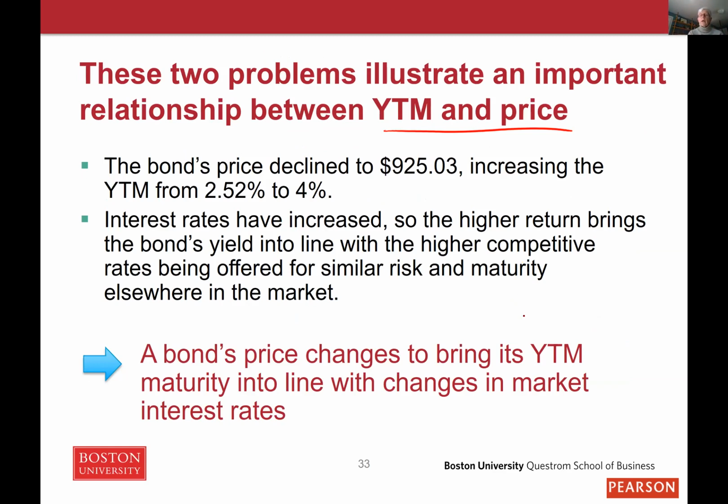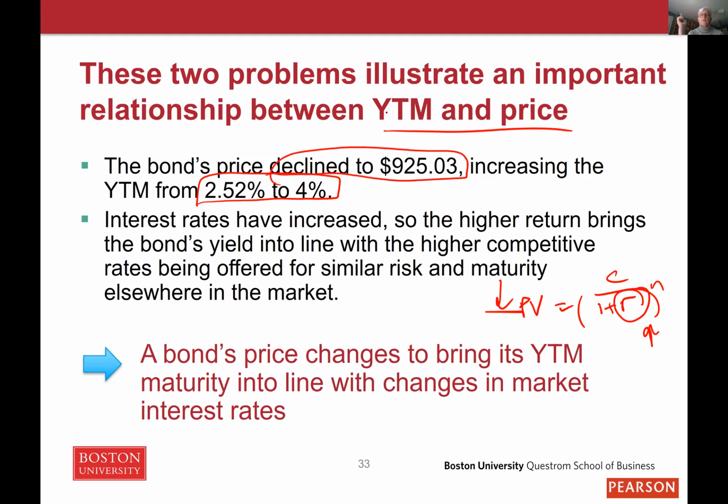Your price, your present value, is a function of our present value formula. And if the rate goes up, the price goes down. So our rate increased from 2.52 to 4%, and the price went down to 925.03.